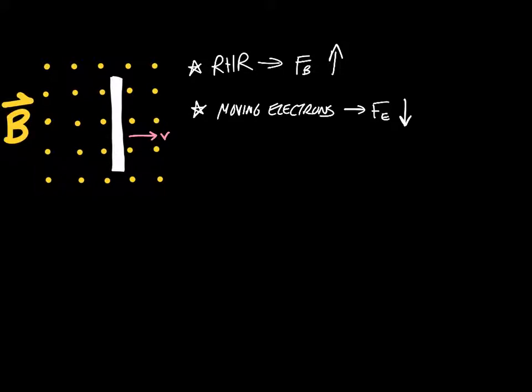One reason to know that, even if you didn't have the right-hand rule telling you that the top end is going to become more negative, which means the bottom end becomes more positive, which means the electric force is towards the bottom. If you recall, we started with ∮E·dl equals minus d flux of the magnetic field over dt.